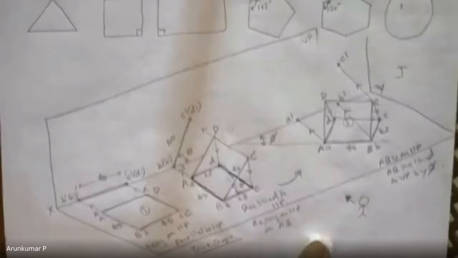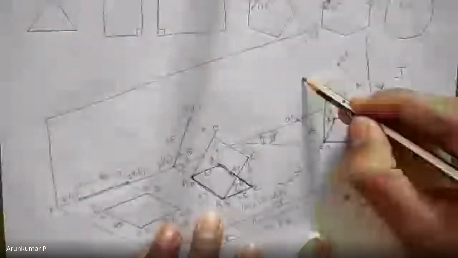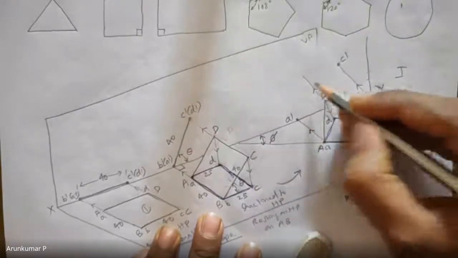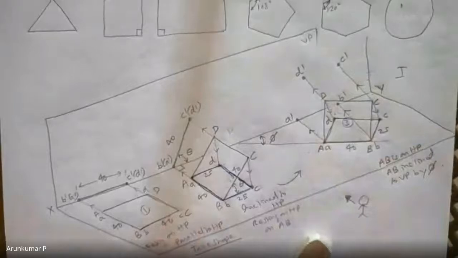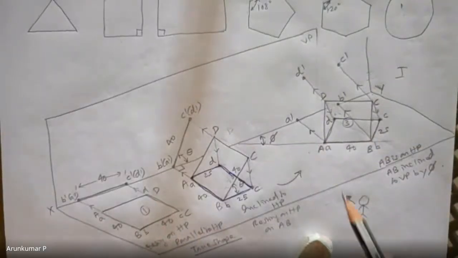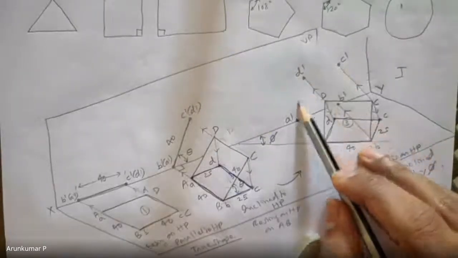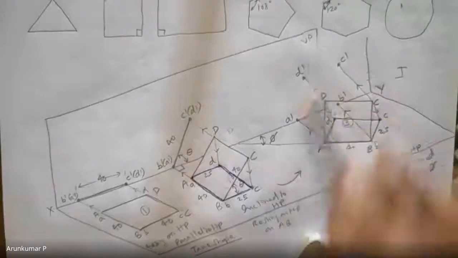C dash. Okay. And then last D dash. So A dash, B dash, C dash, D dash. These are the 4 points which you get in the front view.